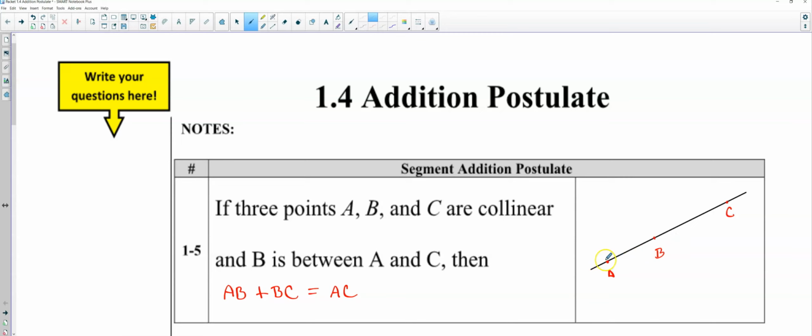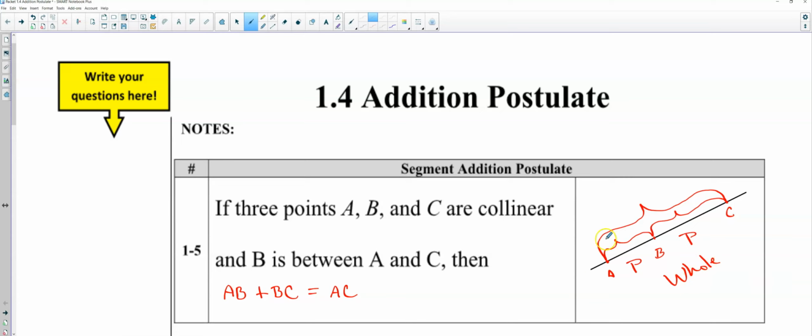So whatever the distance from A to B, plus whatever the distance from B to C, is going to give me the whole thing from A to C. So this part plus this part equals the whole thing.